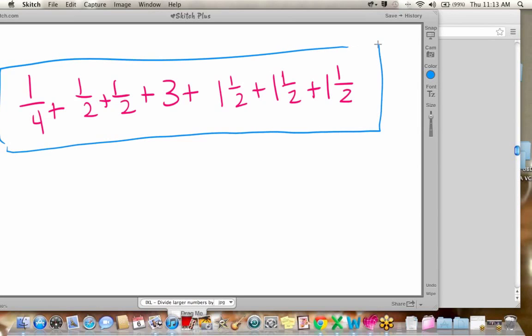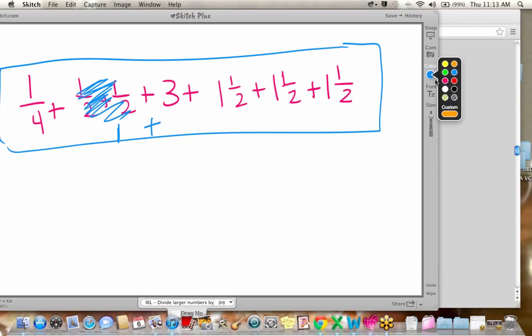So let's just find some numbers that's going to be easy to add up right away. I think adding up 1/2 plus 1/2 is easy. What's 1/2 plus 1/2? Everyone type it into the chat. Good. 1/2 plus 1/2 is just 1. Okay, so I got rid of those two.